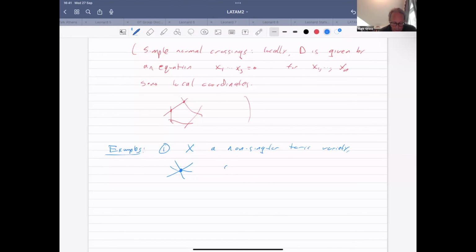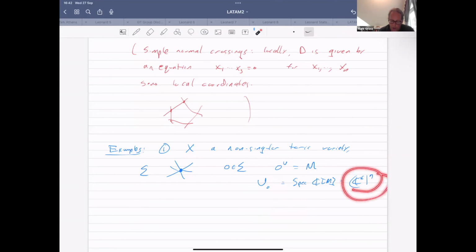And remember that 0 in the fan Sigma dualizes to the whole lattice M, and then the corresponding open set U0 is equal to Spec C[M], which is just an algebraic torus, C star to the N. So in other words, every single one of the affine pieces making up a toric variety will contain a copy of C star to the N, and all those copies are identified on gluing.